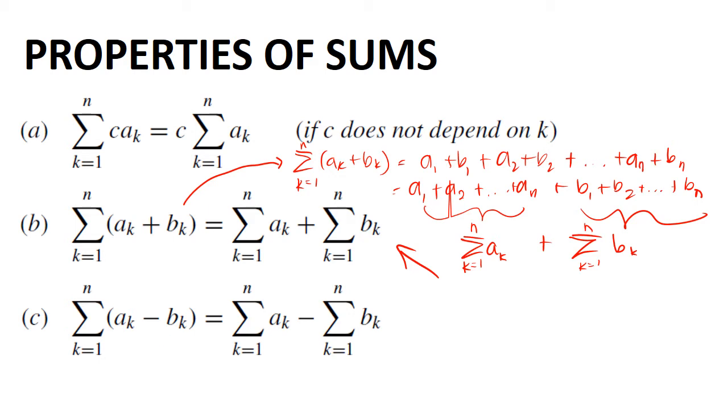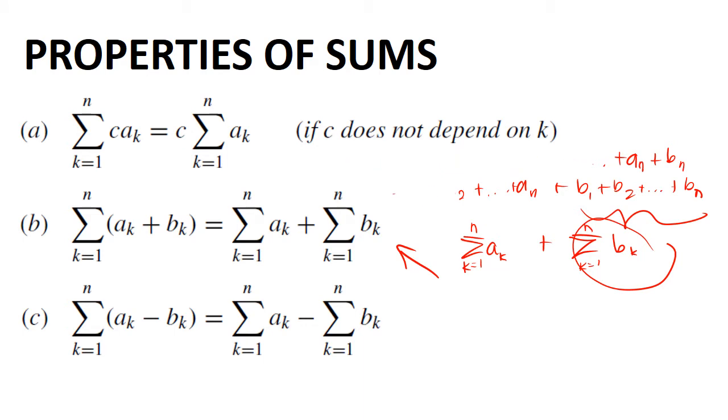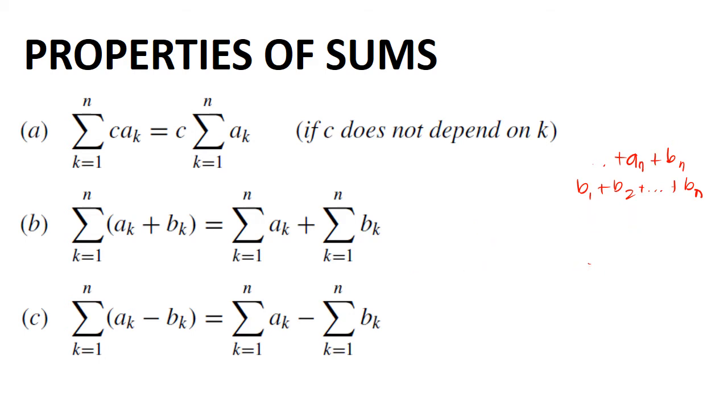So, magma-minus lang si BK dito, o yung mga B, sa expansion niya magma-minus, and then you can factor out the negative sign or the minus sign, and then what is left sa dulo is summation lang din ng BK. So, same lang po yung proof for B and C. So, these are the properties. So, mas mapapadali yung pag-expand natin or pag-simplify natin ng mga summation kapag alam natin itong mga properties nito.